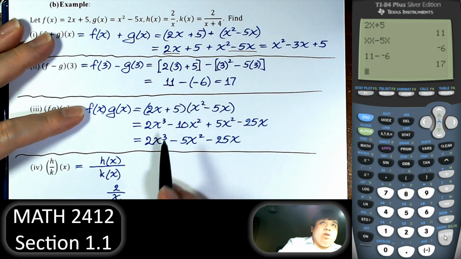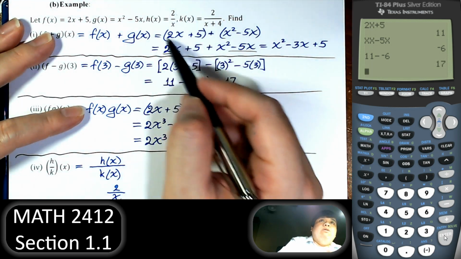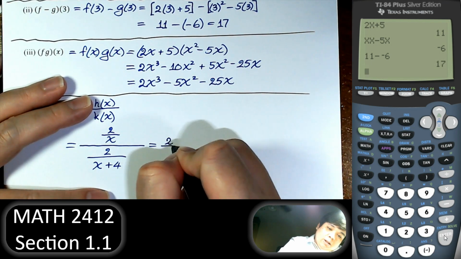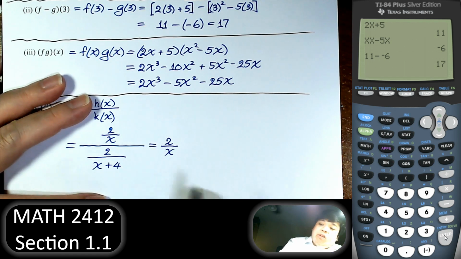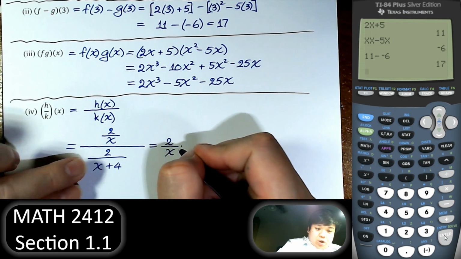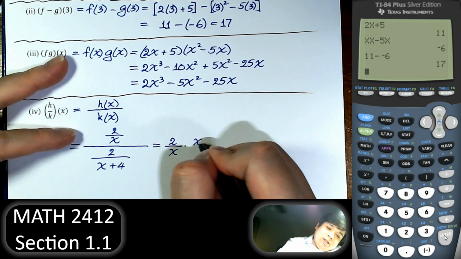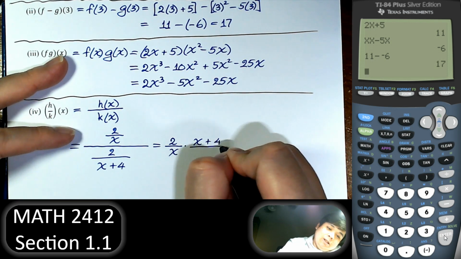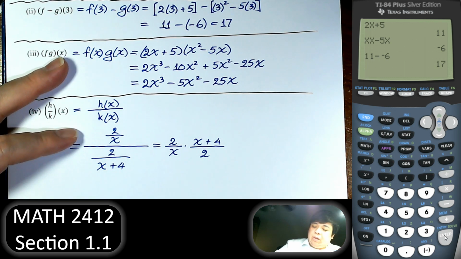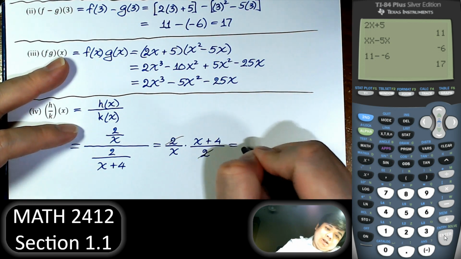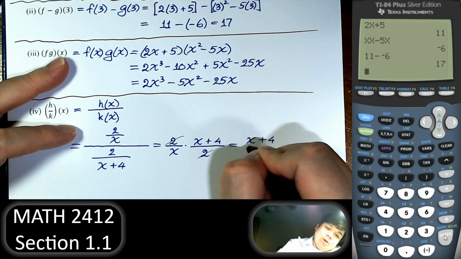Yeah. So h over k. Now, dividing a fraction is multiplying by the reciprocal, so we're just going to flip the second fraction. And then we cancel out the 2. We just have x plus 4 over x.